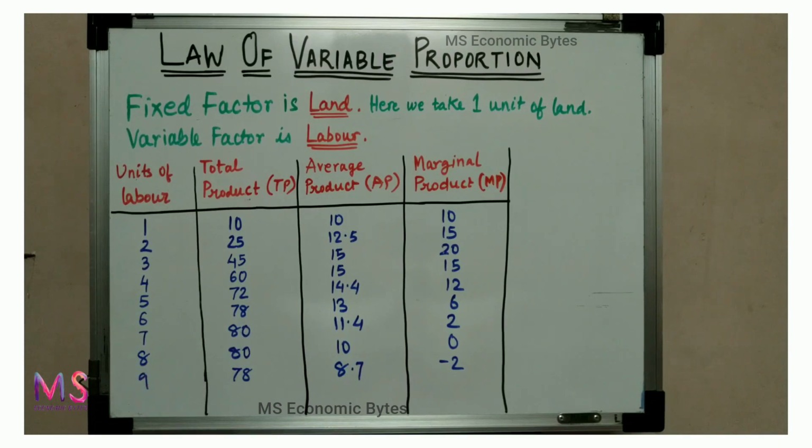That means it becomes negative. And all through this, the average product first increases, reaches its maximum at the 4th unit, and then starts declining. It is positive throughout and it never becomes 0.